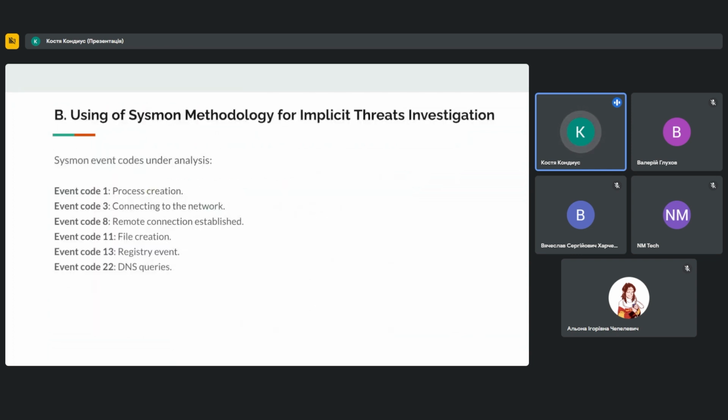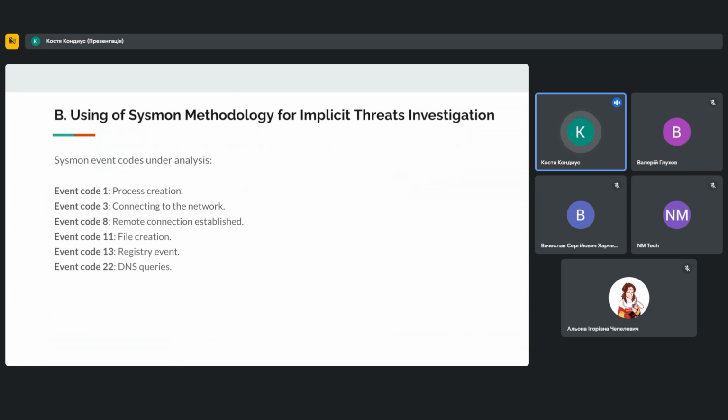The next block is about the use of SYSMON methodology for implicit threats investigation. Implicit threats are considered the threats that are not detected by the security software installed at the user workplace. This includes zero-day threats, malicious actions performed by the user knowingly or unknowingly, and attacks stretched over time.